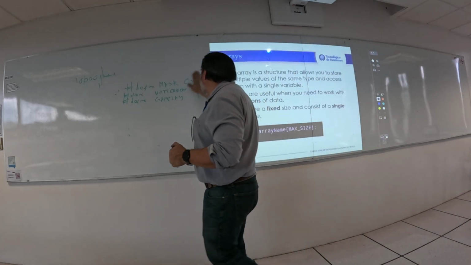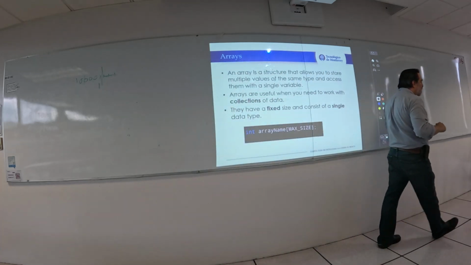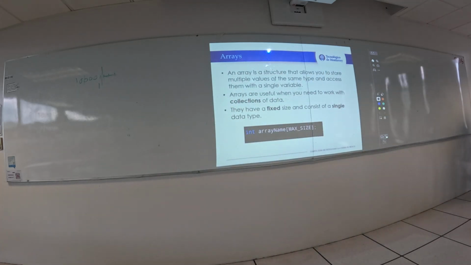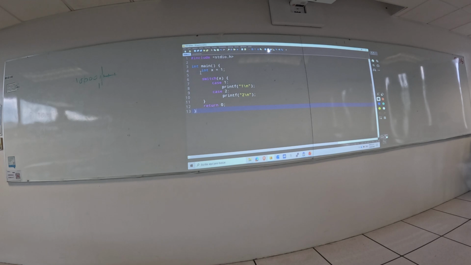Let's talk about this and why these things are fixed size. Okay? Let's learn by example. Remember, playing is easier to understand what's going on. Okay? I'm gonna build code like this.